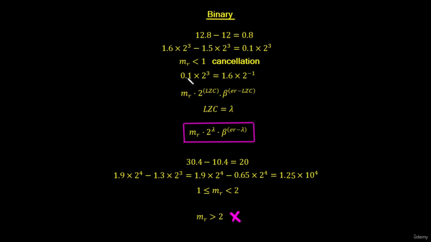So if I double this once, I'll get 0.2, then double it again, I'll get 0.4, double it again, I'll get 0.8, and double it again, and I'll get 1.6. So we've got a number 1.6 here, but we've had to double this 4 times.